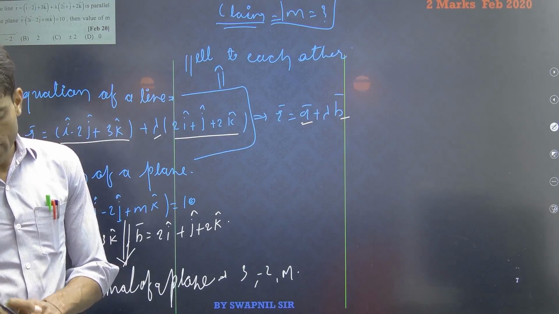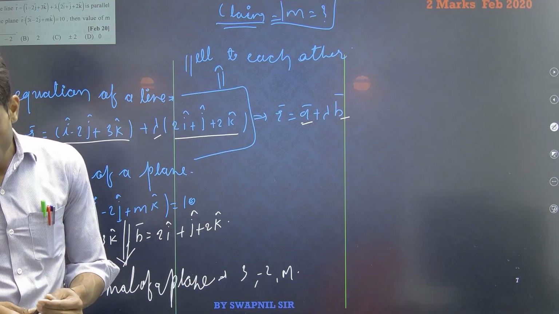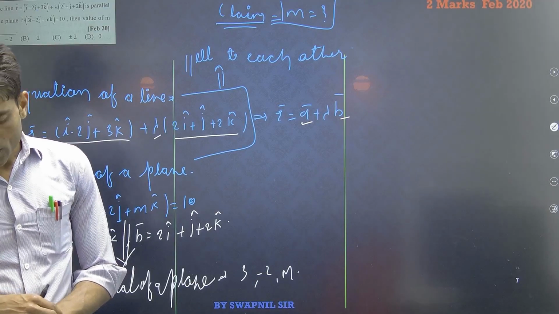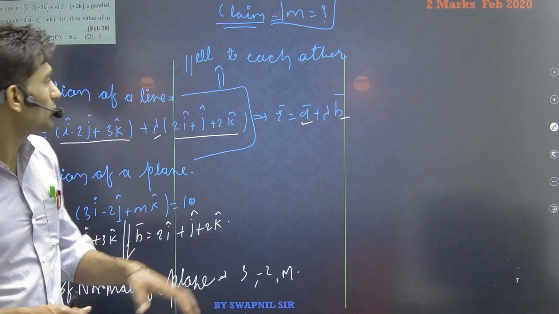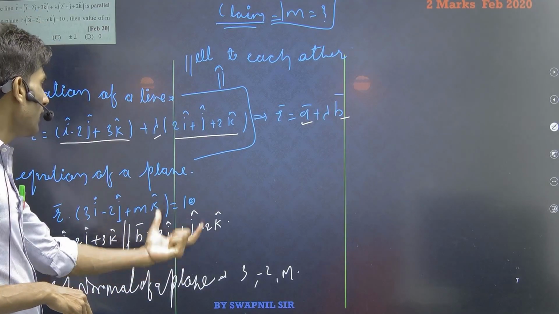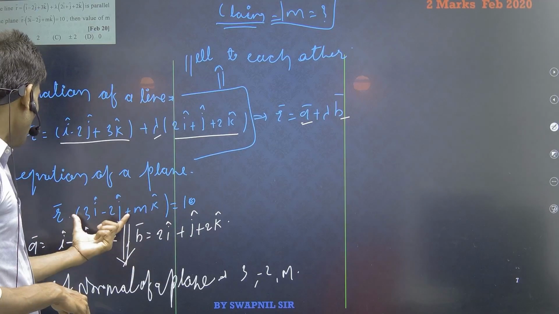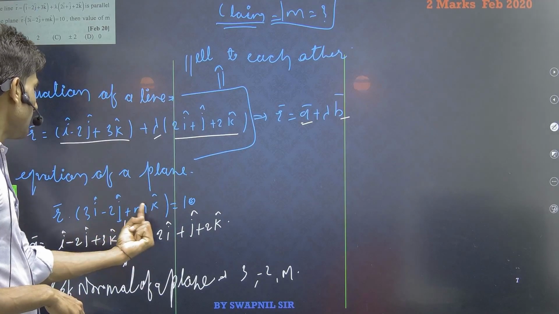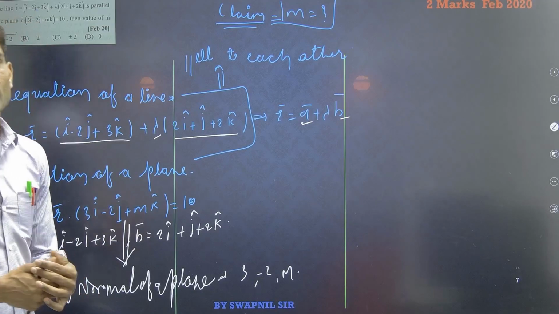Now, since the line is parallel to the plane, we take the dot product of b bar, 2i plus j plus 2k, with 3i minus 2j plus mk, which gives us the value 0.